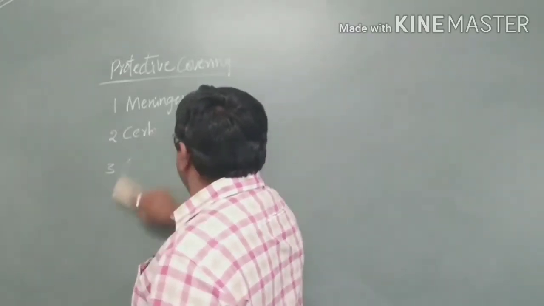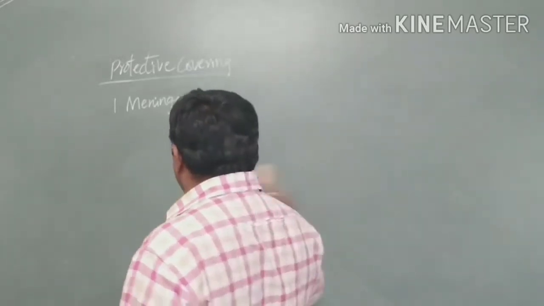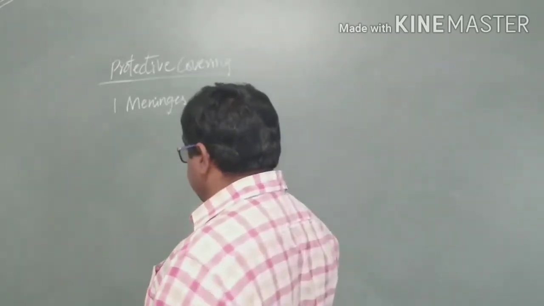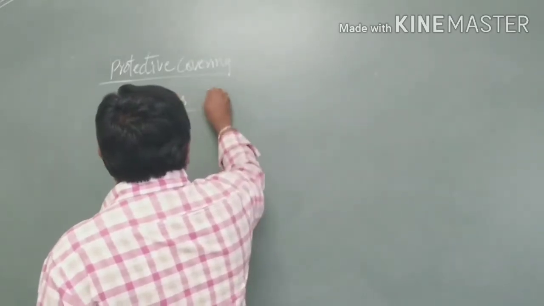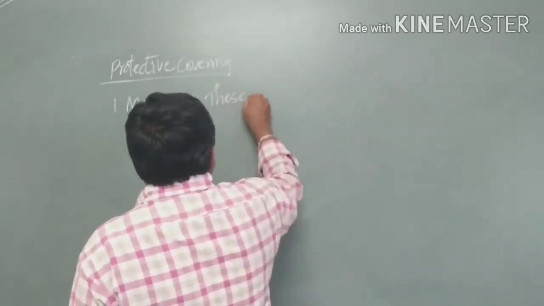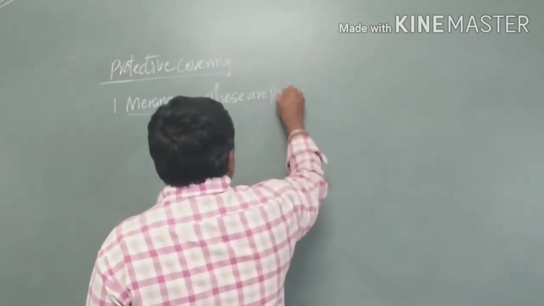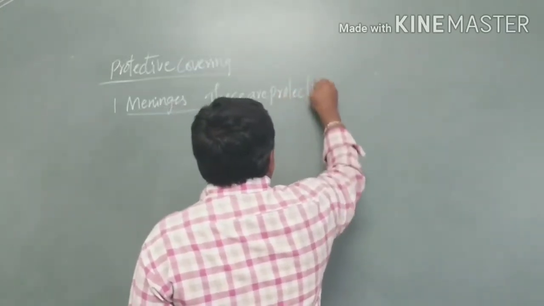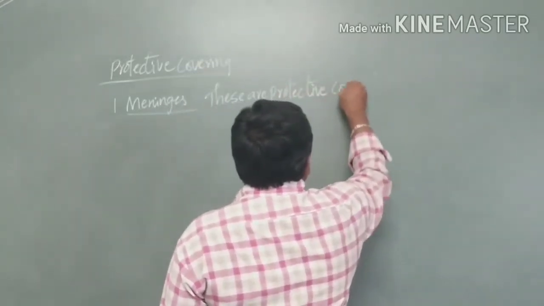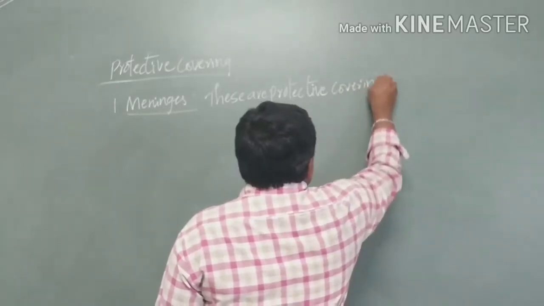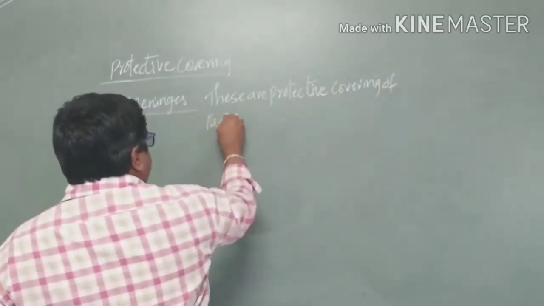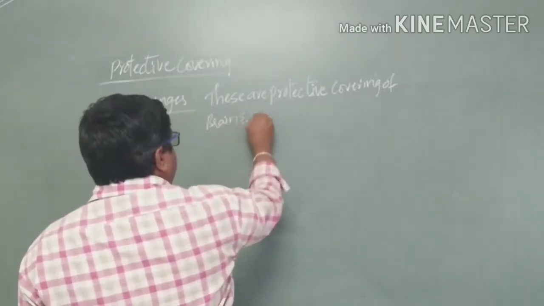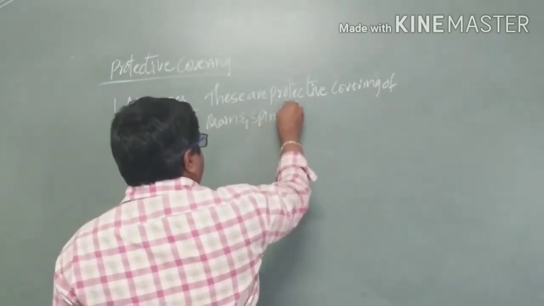Coming to the first one, the meninges. These are the protective coverings of the brain and the spinal cord.